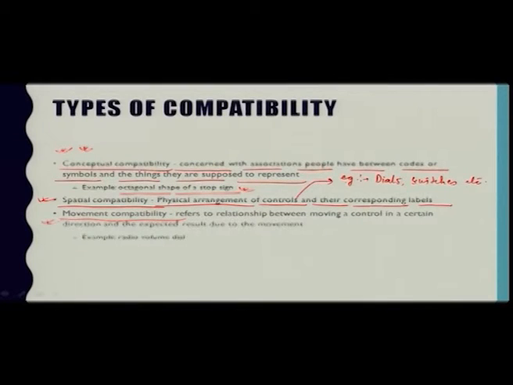The third kind, movement compatibility, refers to the relationship between moving a control in a certain direction and the expected result that will occur due to that movement. The light switch example illustrates movement compatibility.